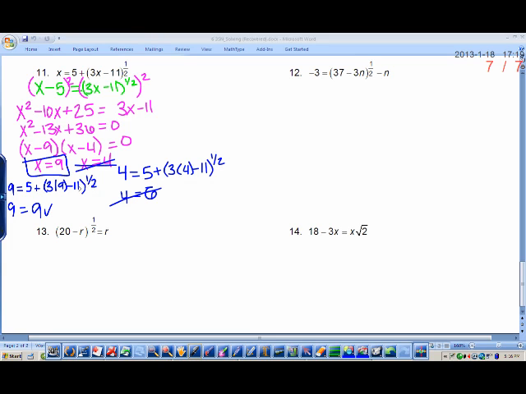Okay, let's go ahead and try number 12. I've got to isolate my radical, so I'm going to add n to both sides. So n minus 3 equals (37 minus 3n) to the 1/2 power.